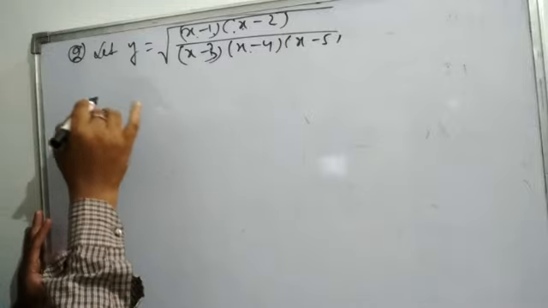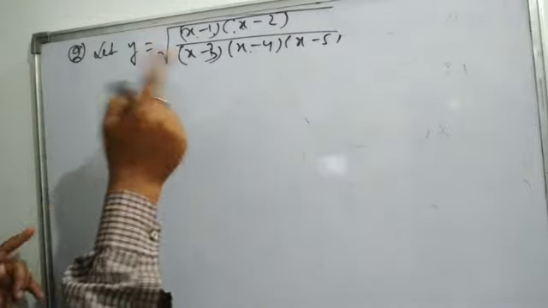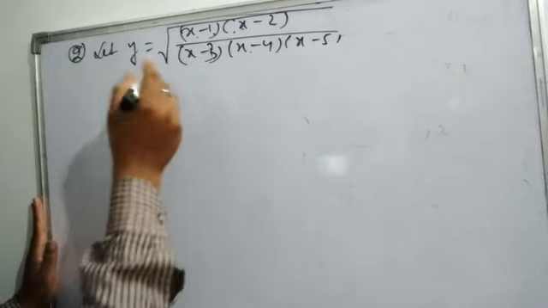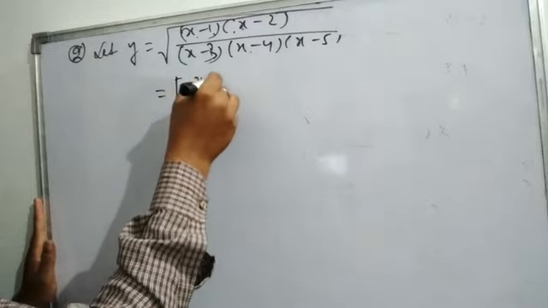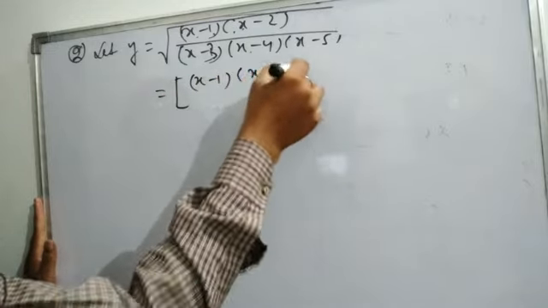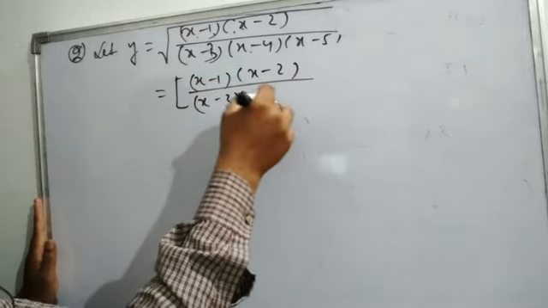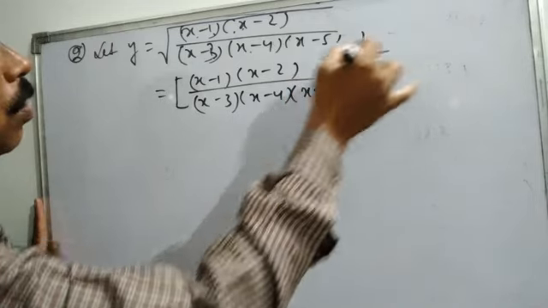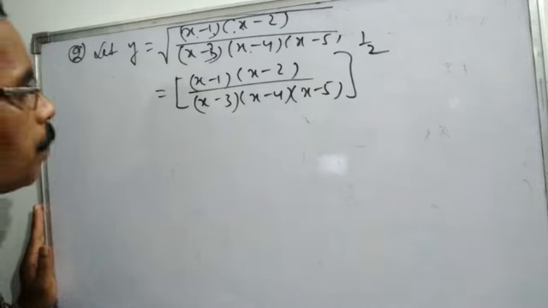Also you have to use the power form, the third form. That is, in this case we have to write here (x minus 1)(x minus 2) by (x minus 3)(x minus 4)(x minus 5) whole to the power half for the root of our function.